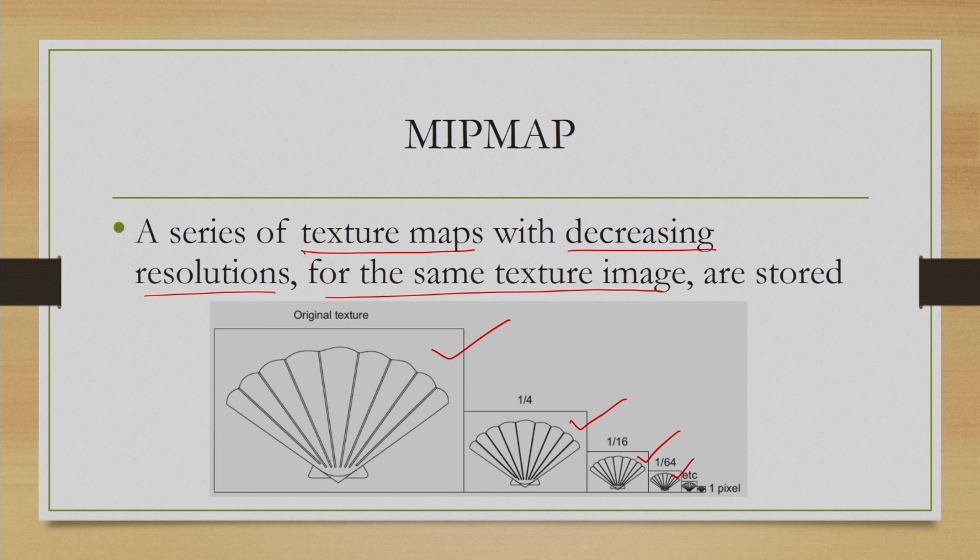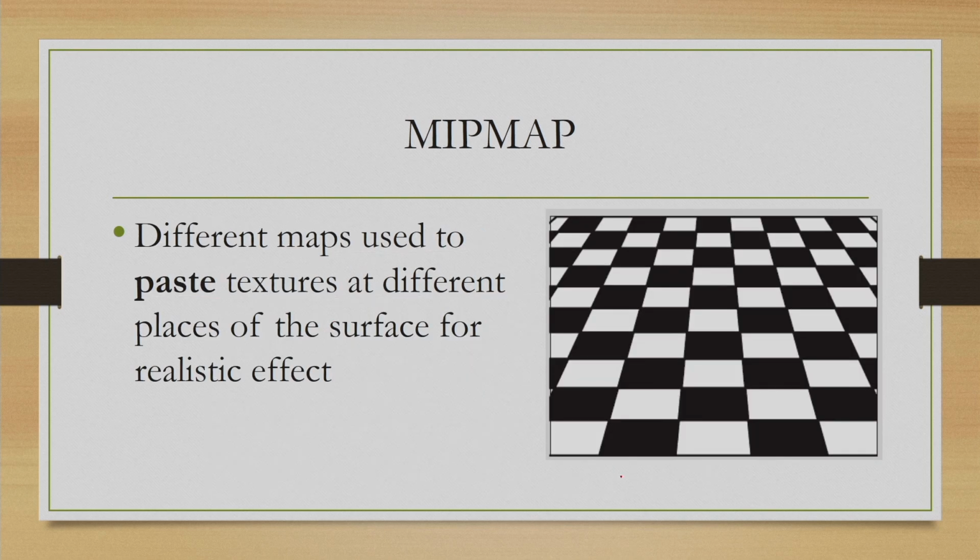So how do we use this? Now suppose we are asked to generate something like this pattern. As you can see, the region closer to the viewer position has bigger patterns here. As the distance from the viewer increases, the pattern sizes become progressively smaller as we move away from the viewer.